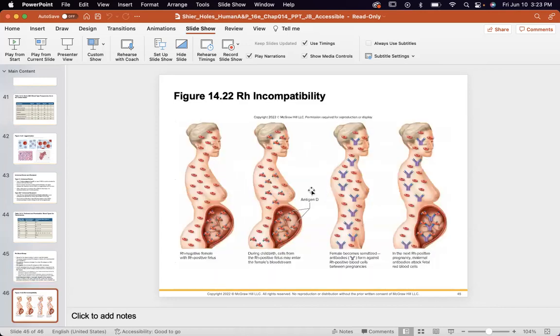Now, this is a concern to us regarding RH compatibility of mommy and baby, because when mommy and baby share blood, let's say mommy has negative blood and baby has positive blood. Well, guess what's going to happen? Let's see. Maybe I should draw.